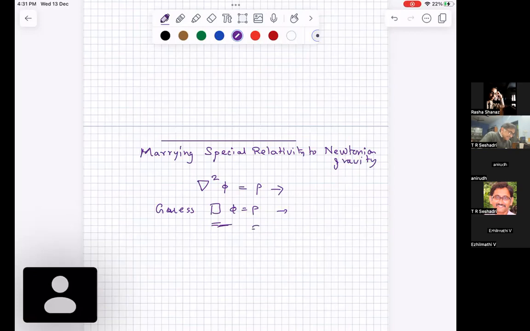It means that rho is a scalar under rotation or translation or Galilean transformation. But under Lorentz transformation, rho is not a scalar. But the left-hand side is a scalar under Lorentz transformation. It means that there is something wrong in this equation. So this generalization cannot be done.